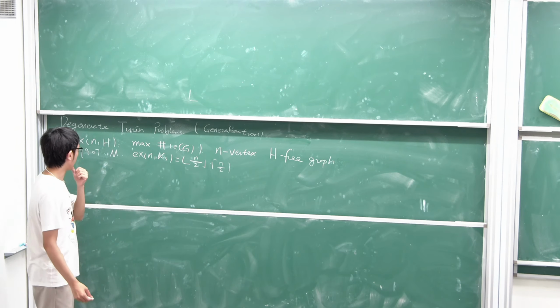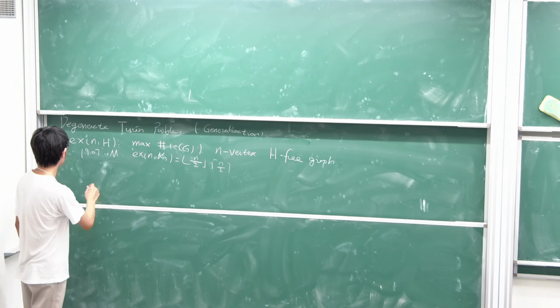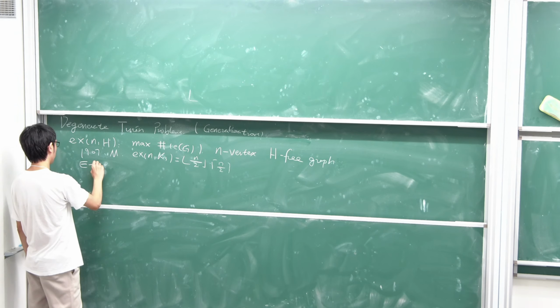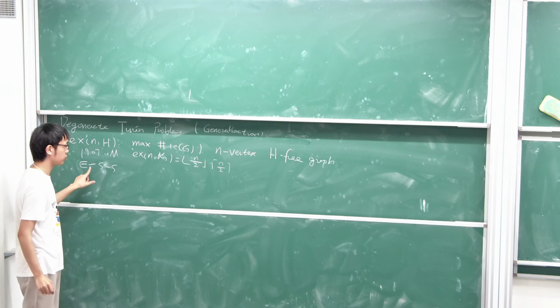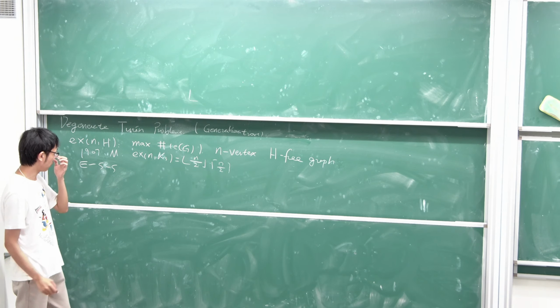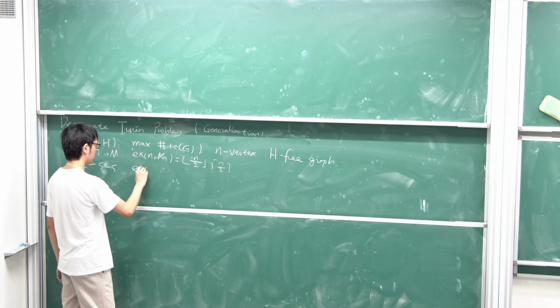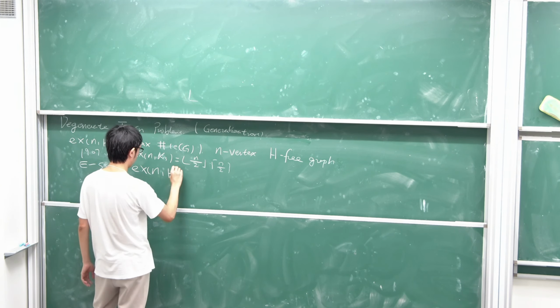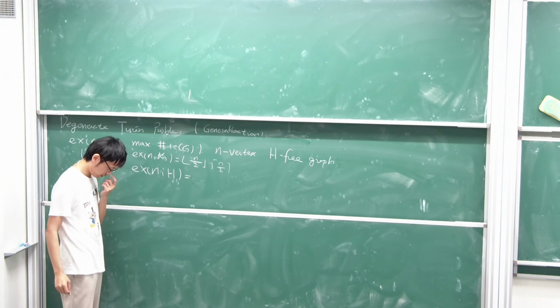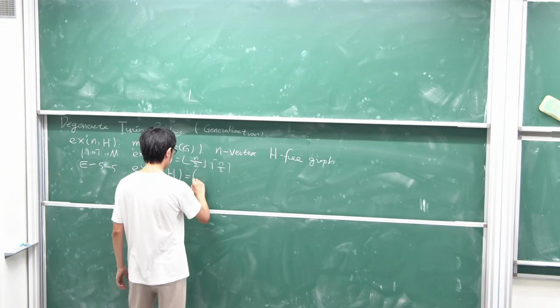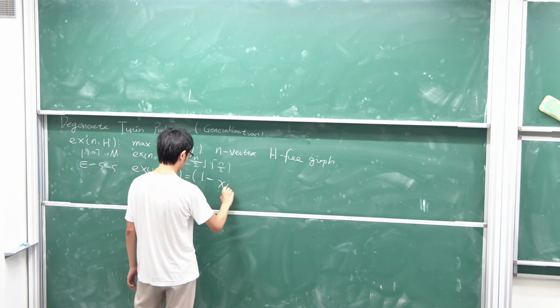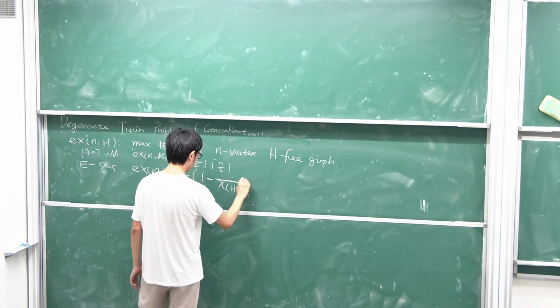A fundamental result in Turán problems is the Erdős-Stone-Simonovits Theorem, which states that for any graph H, the Turán number can be written as (1 - 1/(χ(H)-1) + o(1)) times n squared over 2.